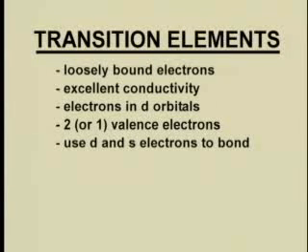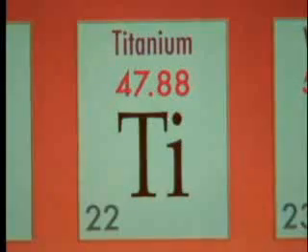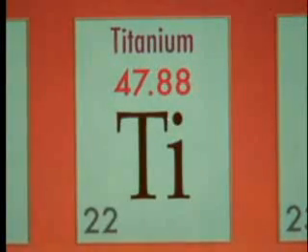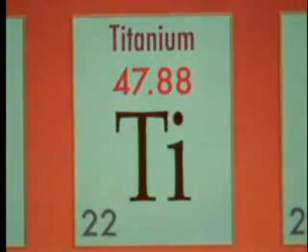Consequently, transition elements bond readily with each other and with many other elements to create a wide variety of stable and very useful compounds. The transition element titanium is an innately strong metal with a density that is much lower than metals of comparable strength.